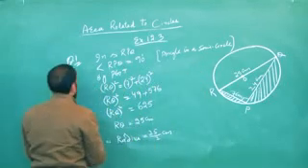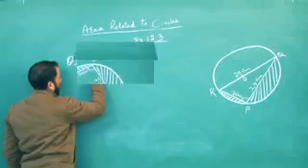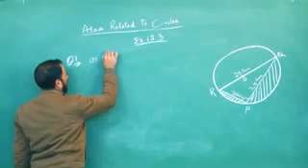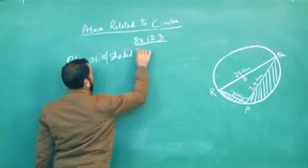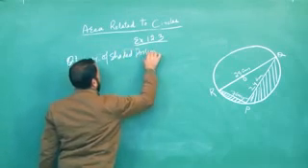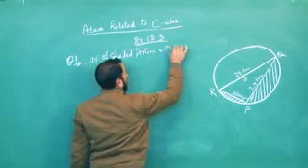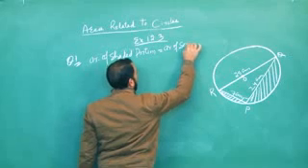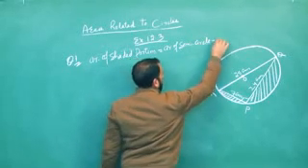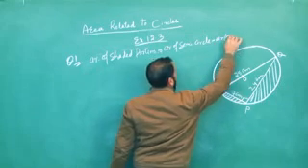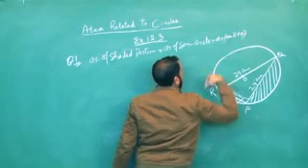So, area of shaded portion is equal to area of semicircle minus area of triangle RPQ.